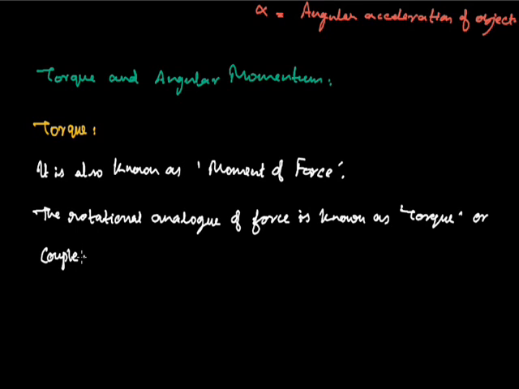It means when a force is applied on a body in such a direction that the body starts to rotate about an axis passing through it, then we can say that there is a force which tends to rotate that body about an axis.